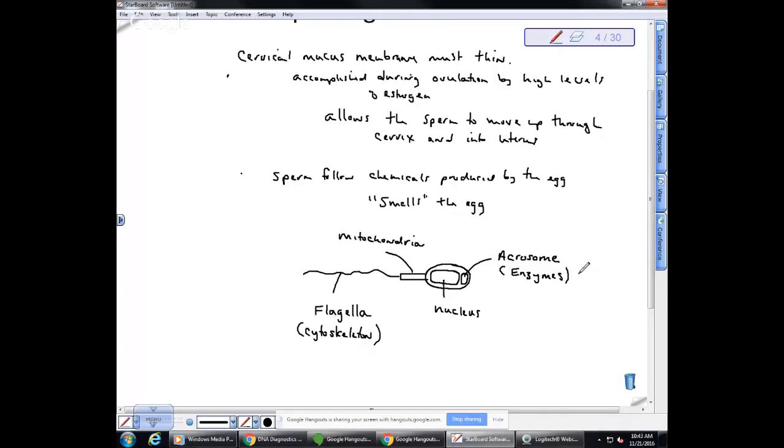And so the sperm actually has to digest its way into the egg. Also, on the surface of the head, I'm just going to put these little proteins here. Okay, so those are membrane proteins.